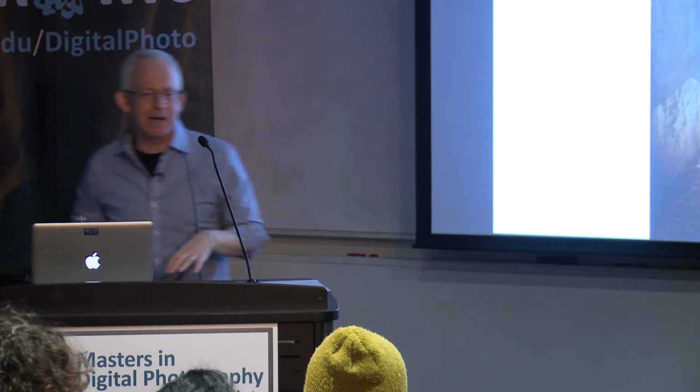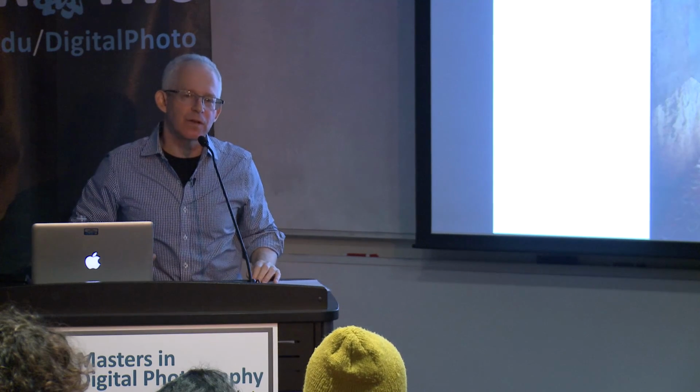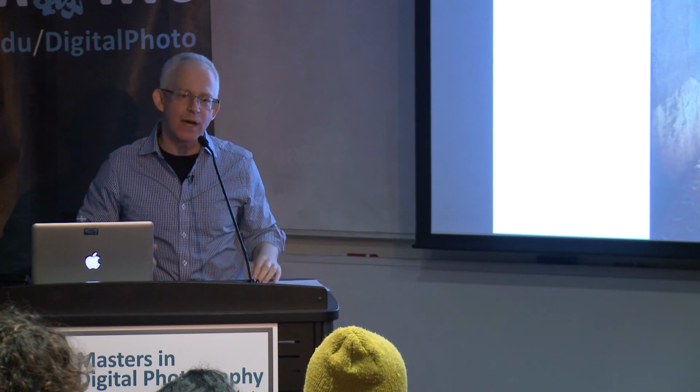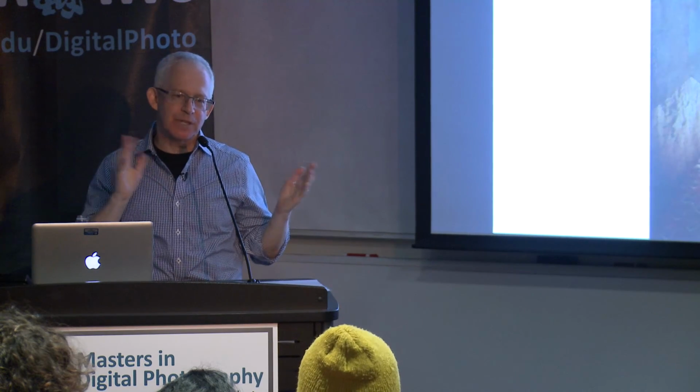But the problem I found with the model lights was that I couldn't get enough light, so I ended up having to use too wide an aperture, and I didn't have enough depth of field.